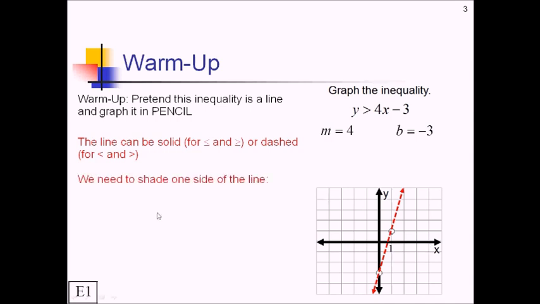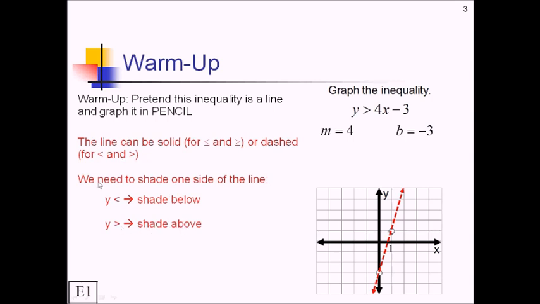Here's the rules for shading lines. Now, normally it was left or right, but that was when we were dealing with x greater than or x less than. Since this is y greater than or y less than, if we're saying y is less than, we're going to shade below the line. If we say y is greater than, we're going to shade above the line.